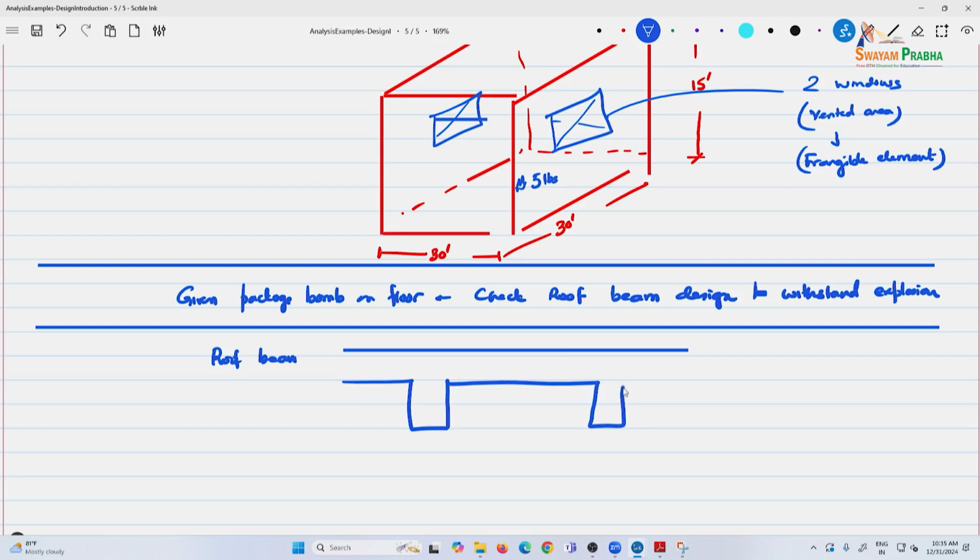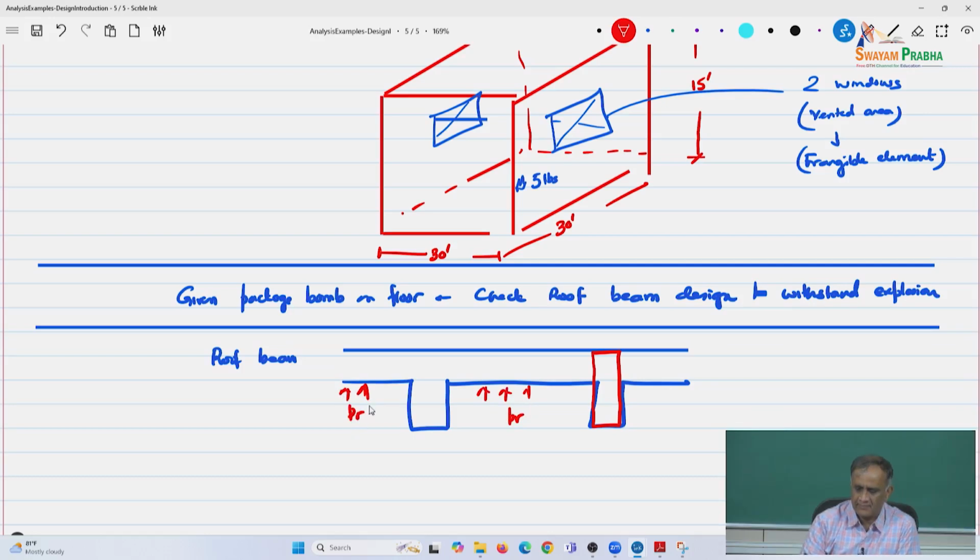so you have roof beams and the slab. Again these are all simplified versions. When you do a roof beam, the pressures are going to be upward this way. So you can consider them to be rectangular beams.